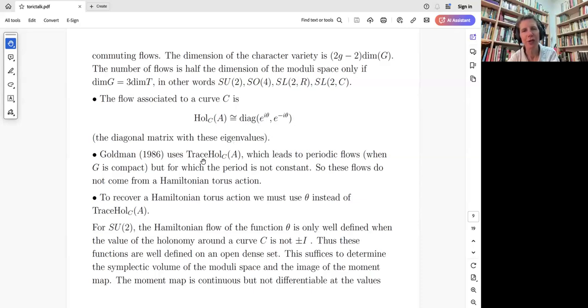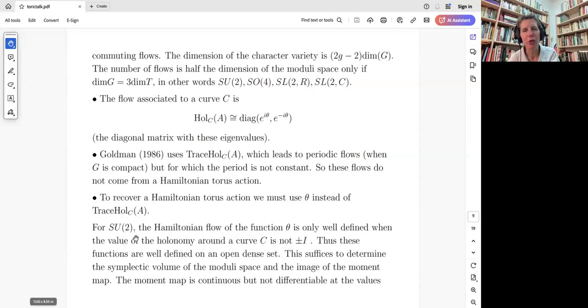Goldman's functions are always the trace of the holonomy around C of the connection A. These functions give periodic Hamiltonian flows, but the period of these flows is not constant. So these flows do not come from a Hamiltonian torus action. So Jonathan and I realized that in order to recover a Hamiltonian torus action, we had to use theta as our function instead of the trace of the holonomy of the connection around C.